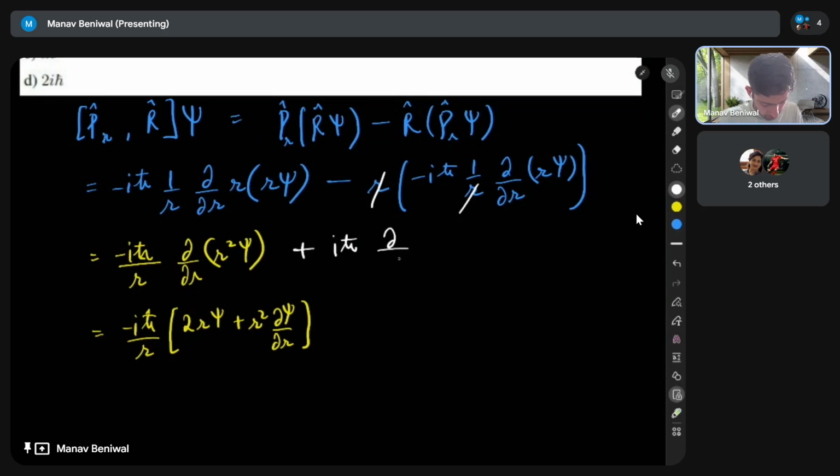Again we will have two parts: the derivative of r will just give us 1, so this will be psi, and then plus r times del psi over del r.